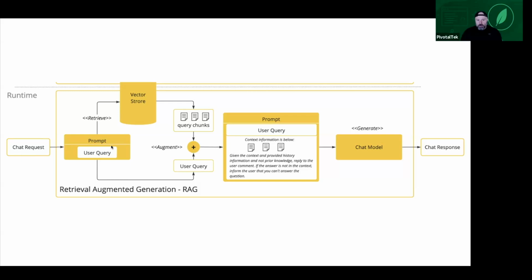And then whenever a request comes in, we are going to do a search of the vector store, a similarity search, find the relevant data, and then pass that along with our query, with our prompt to the model to get a response.